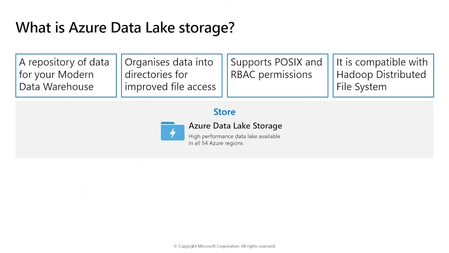Now, the difference between a data warehouse and a data lake storage is that a data warehouse stores large quantities of processed data, and a data lake storage stores large quantities of raw data that needs to be processed and converted into a format that supports efficient analysis.